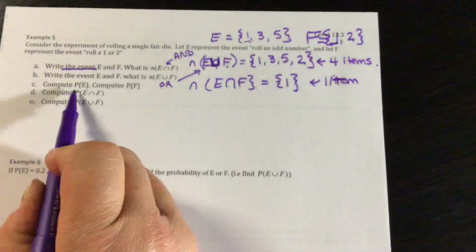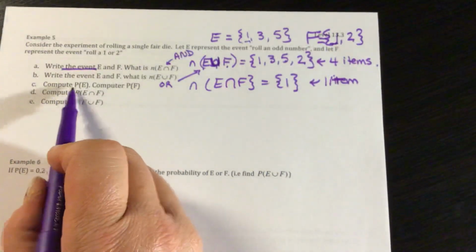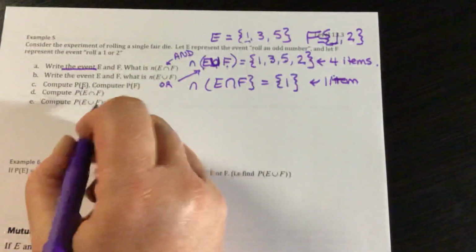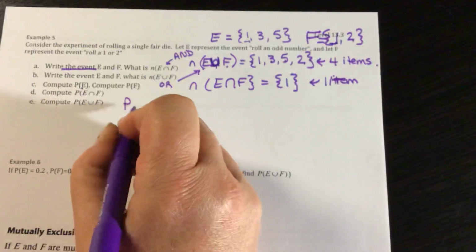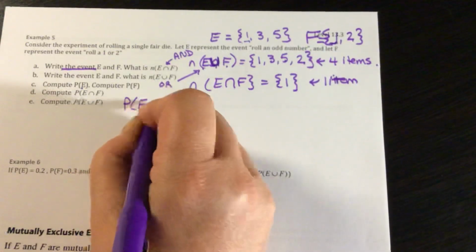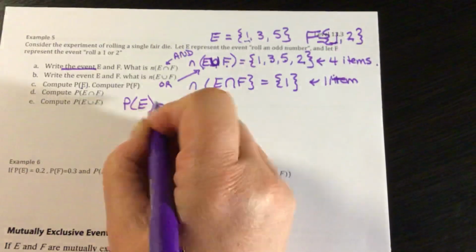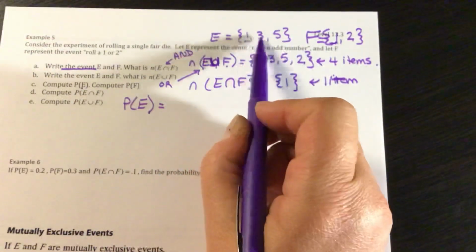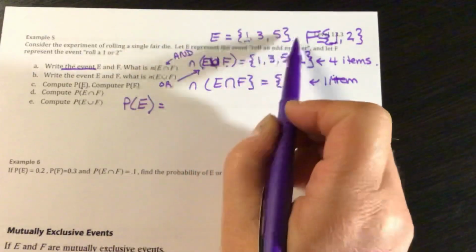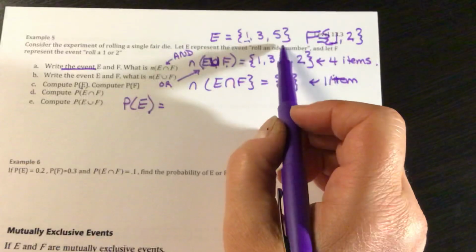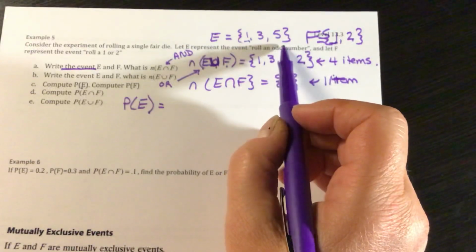Then it says to compute the probability of E. Now, the probability of E is the number of odd numbers that we have, which are 3 out of 6 total outcomes. So if I roll a die, I can get a 1, a 2, a 3, a 4, a 5, or a 6.